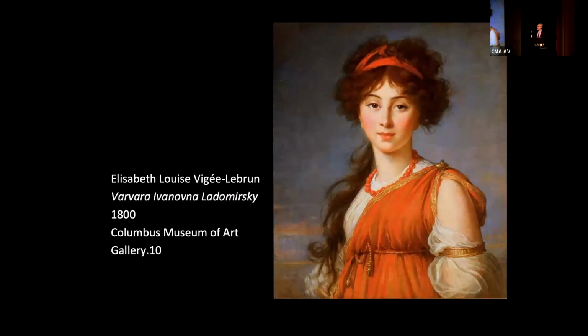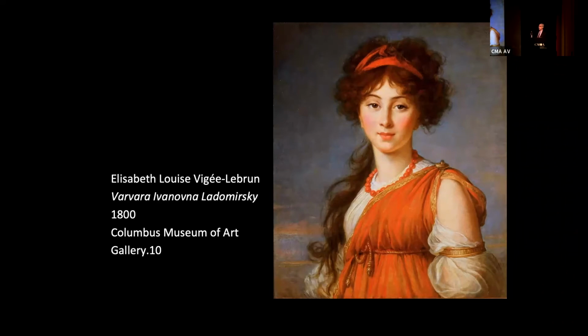Speaking of Russian ladies, you can go right upstairs and visit her. I love my home museum, the Art Institute of Chicago. We have a very nice collection, but one thing I wish we had is a portrait by Vigée Lebrun. So you're very fortunate in this museum to have this exquisite portrait of a Russian lady.